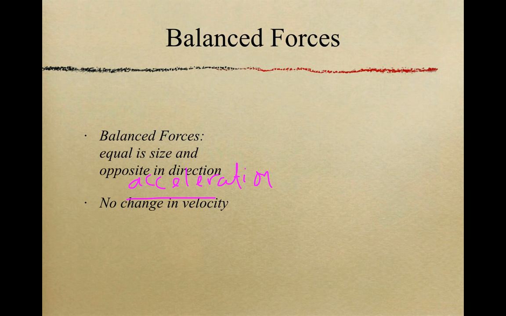Okay, so they don't accelerate the ball, so they don't speed it up, they don't slow it down, or they don't cause it to change the direction. That does not mean that the object isn't moving. Okay, so make sure you remember that no change in velocity means no acceleration. Remember that horizontal line on a speed time graph means no acceleration, but it can be moving.